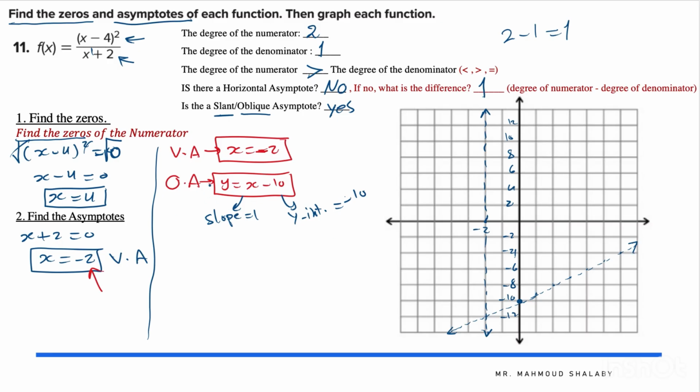Now, how to graph the function? Still we draw the asymptotes, but we don't have the lines here. So what you will do, guys, is use your calculator to put in some values, then you will start graphing. We have negative 5 and negative 27. It will be very far here.